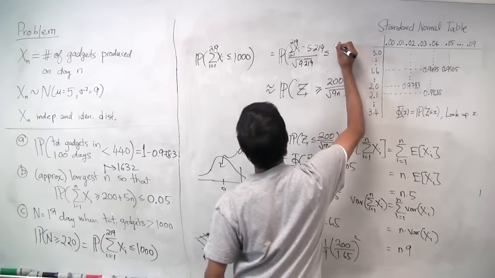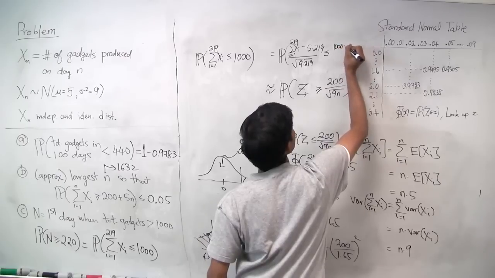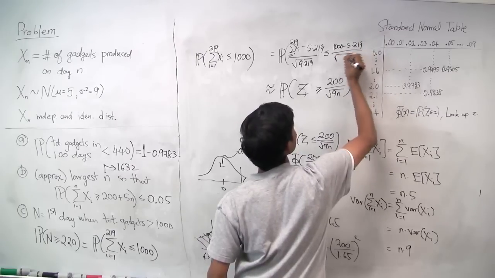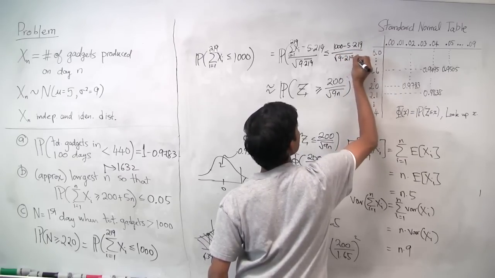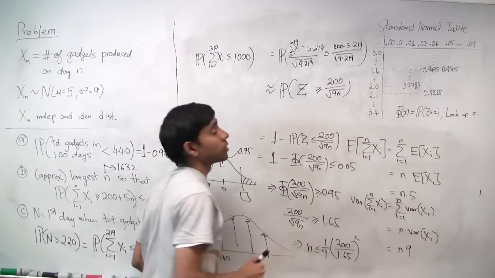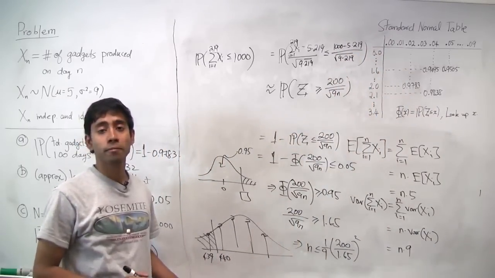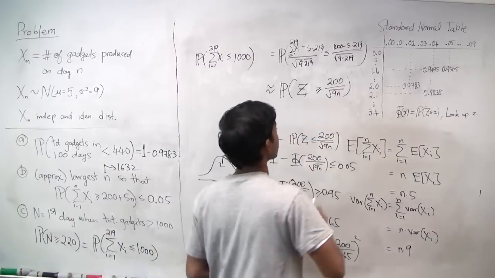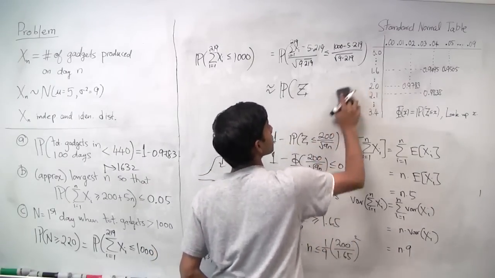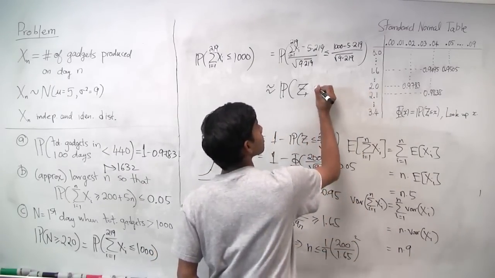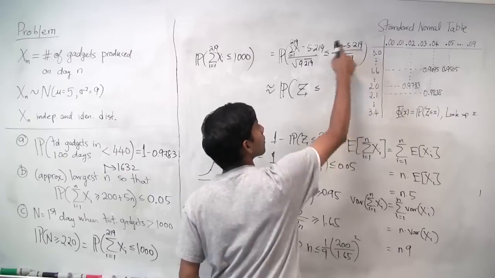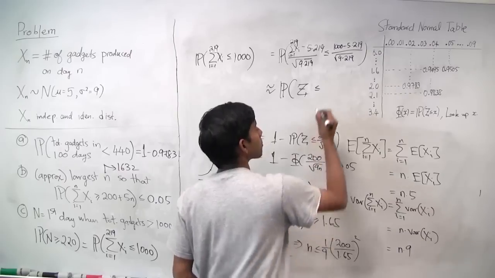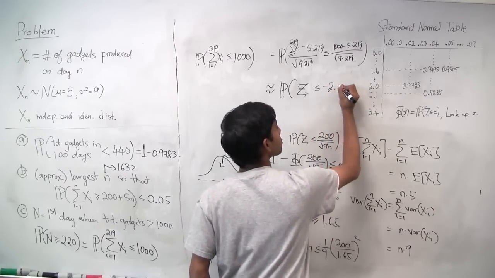This is less than or equal to 1,000 minus 5 times 219 over square root of 9 times 219. Again, you can do the half correction here, make it 1,000.5, but I'm not going to do that in this case for simplicity. Okay? So this is approximately equal to Z being less than whatever this is. And if you plug it in, you'll find that this is negative 2.14.